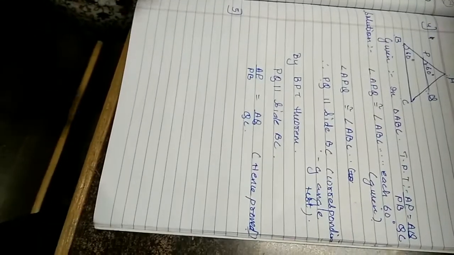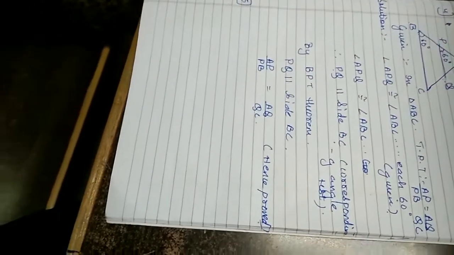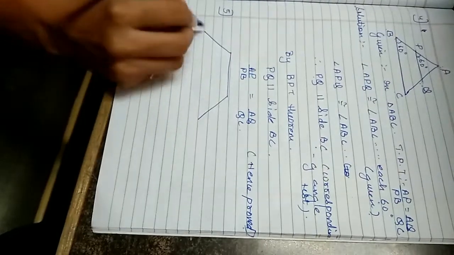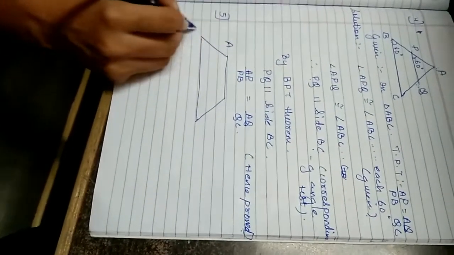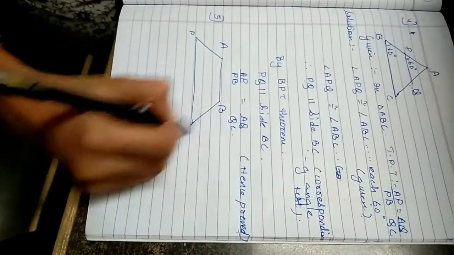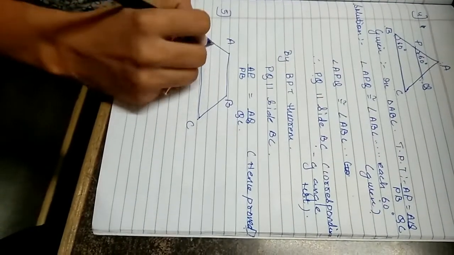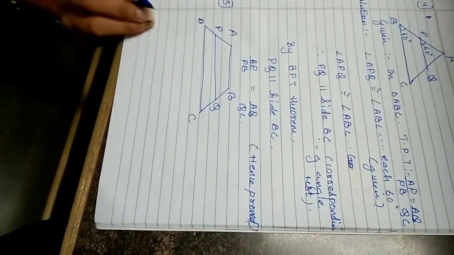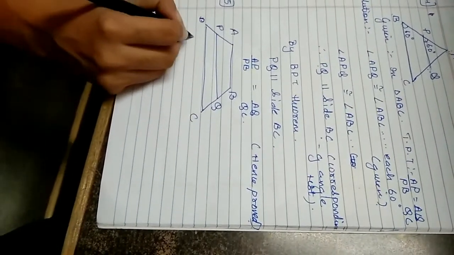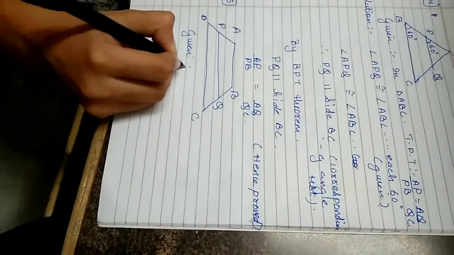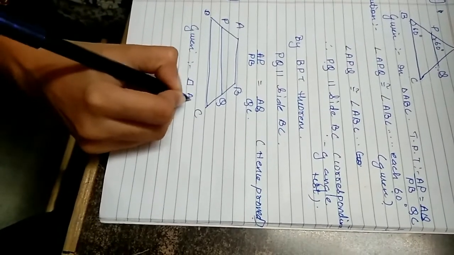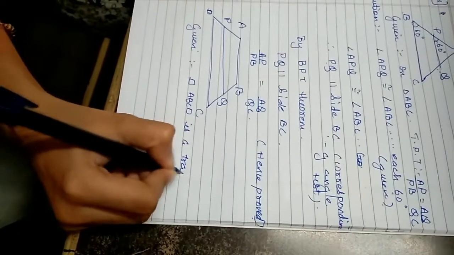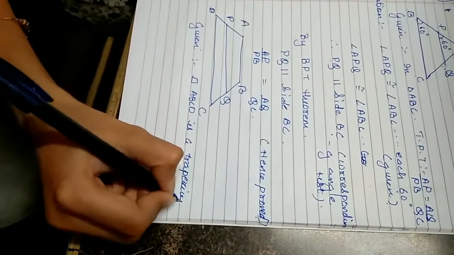Now next, fifth sum. In a trapezium ABCD, given: quadrilateral ABCD is a trapezium.